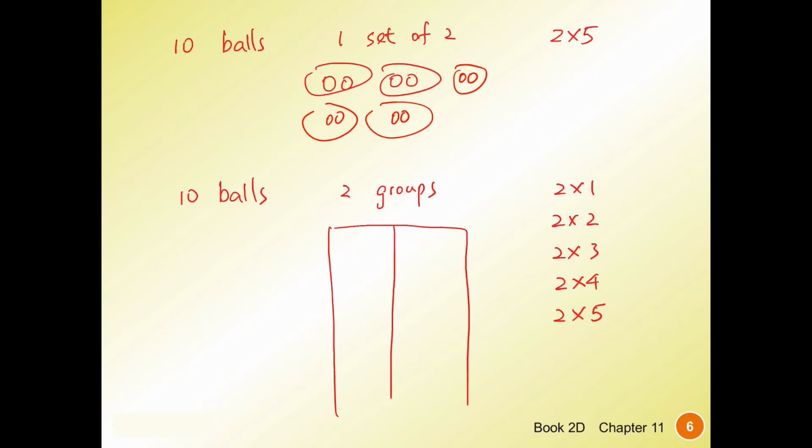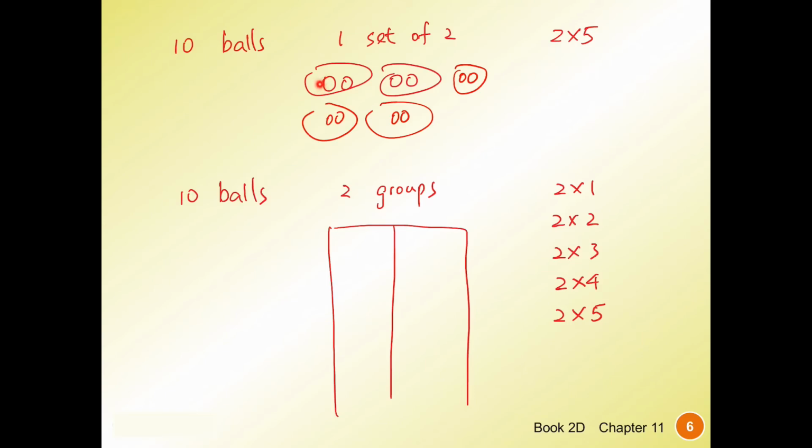So before I start talking about the textbook, I want to make it clear, 2 different concepts here. For the top part, this is the one you have been learning in the beginning of book 2B. So let's say if we have 10 balls and then we try to separate the balls into different sets, and one set contains 2 balls.